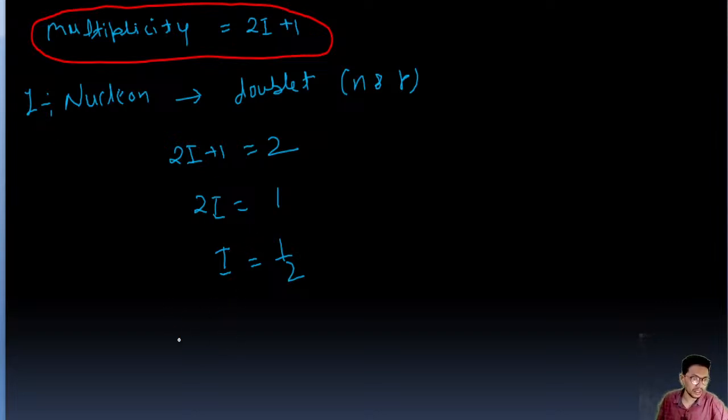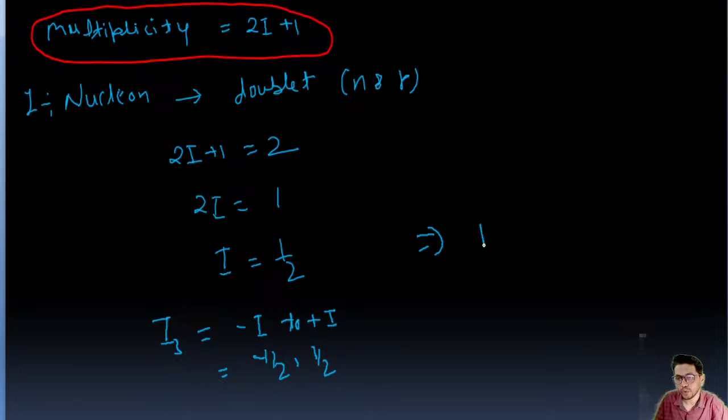Now we'll find I3, the third component of isospin. I3 goes from minus I to plus I. Because there are two particles, it is minus half and plus half. So for the proton, I3 is 1 by 2, and for the neutron, I3 is minus 1 by 2.